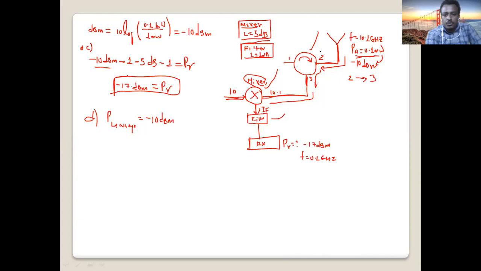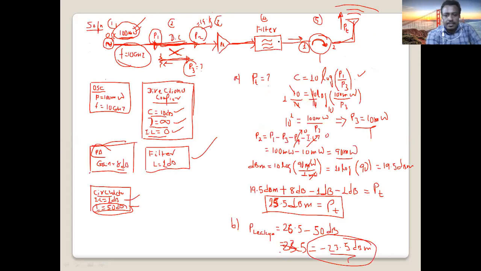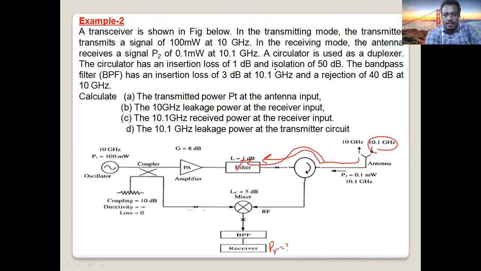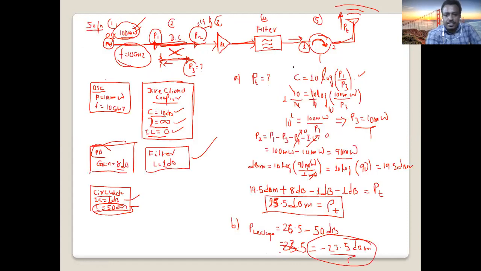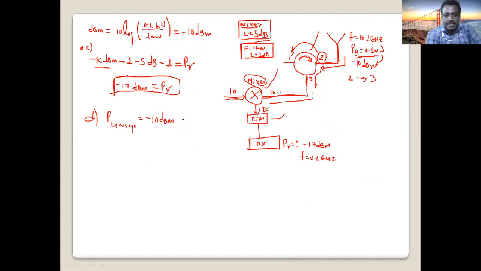Then this port 2: if it goes to port 1, you see it's clockwise, but if it goes in the wrong direction, how much do we subtract? In this case it will be the isolation, 50 dB. So minus 50 dB.